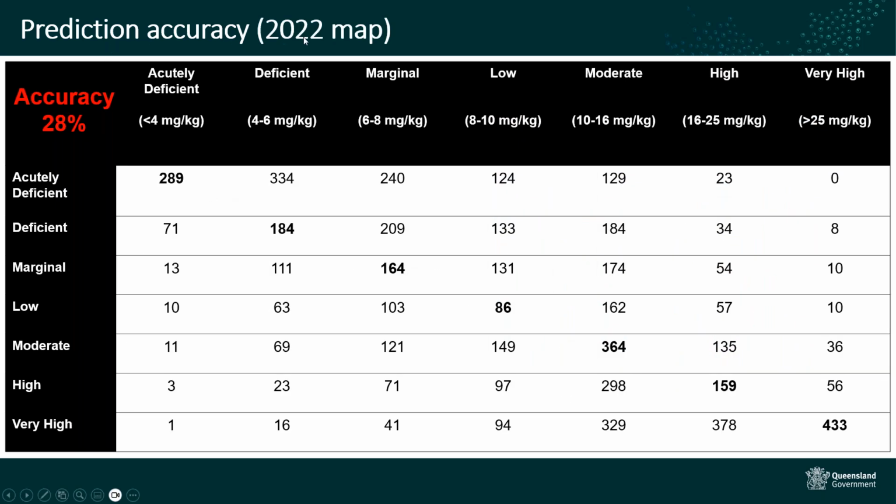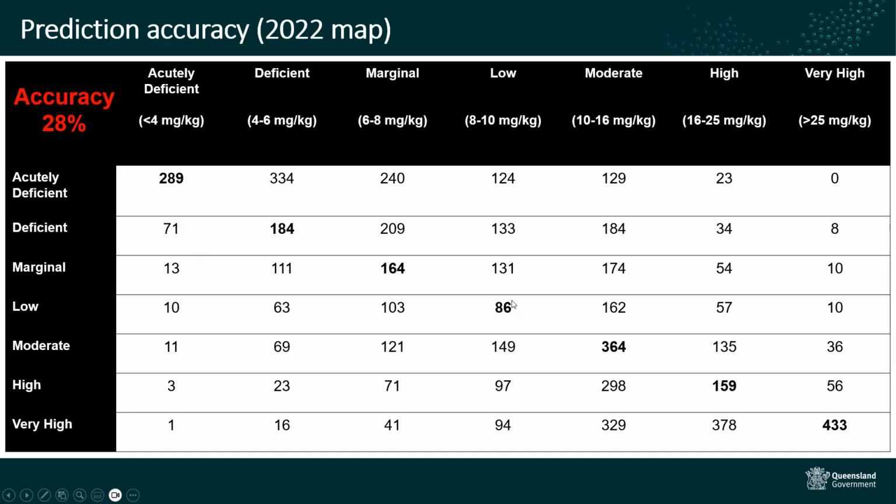And then in the 2022 map, the old map, we looked at the phosphorus categories. We now have a 7-class system, which Grant will touch on soon. We had an accuracy of about 28%. When we're predicting acutely deficient, the observed data says that 289 of the sites were accurate, but you do get a fair few sites, probably about 100, that weren't exactly that.